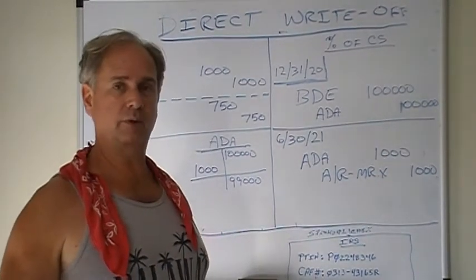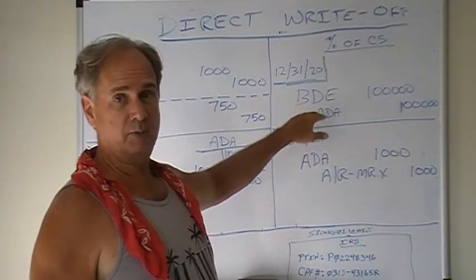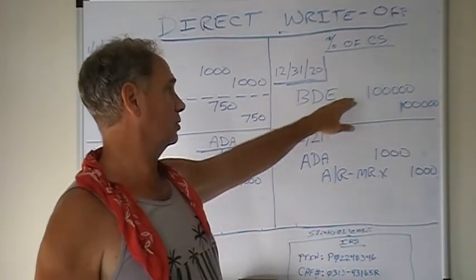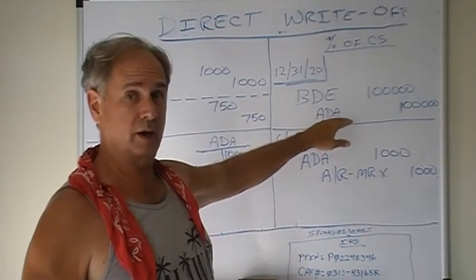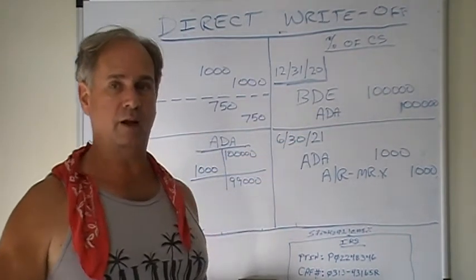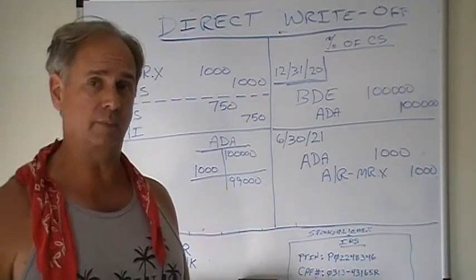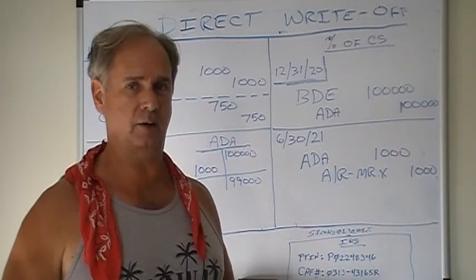So on December 31st, I'm going to debit an account called bad debt expense, just like for the direct write-off. I'm going to debit bad debt expense for $100,000, and I'm going to credit this new account called allowance for doubtful accounts for $100,000. Now, the allowance for doubtful accounts, as I mentioned previously, is a contra asset account.